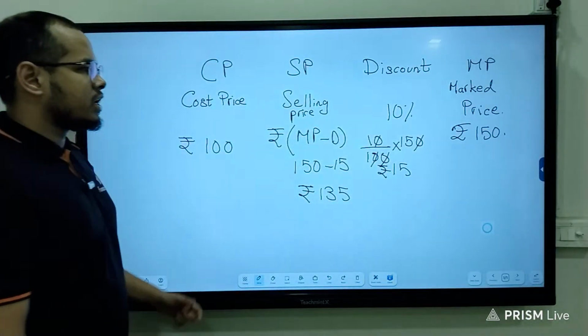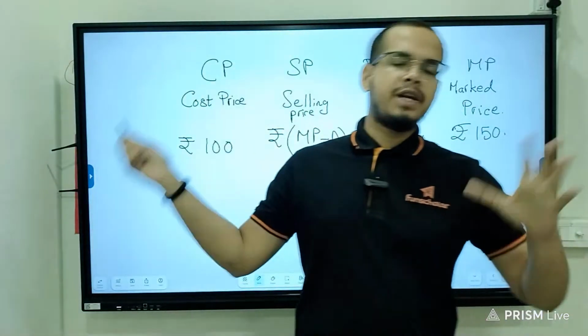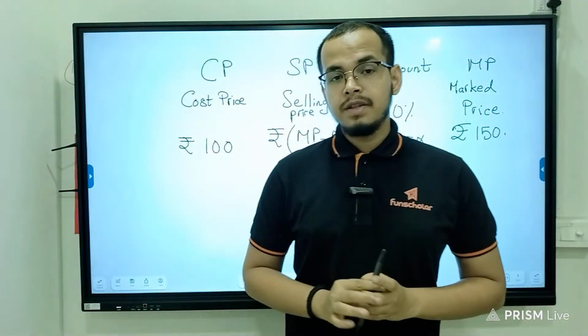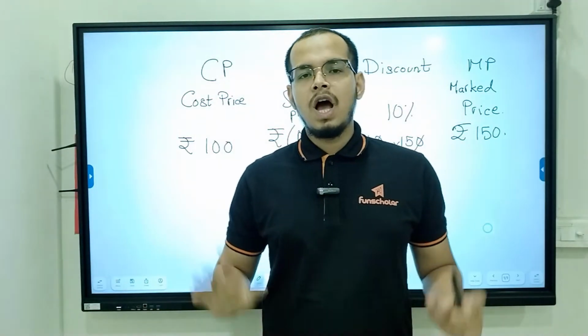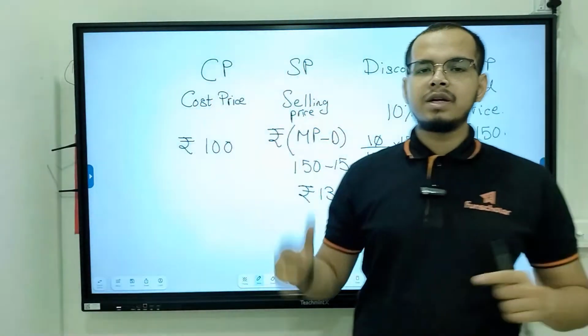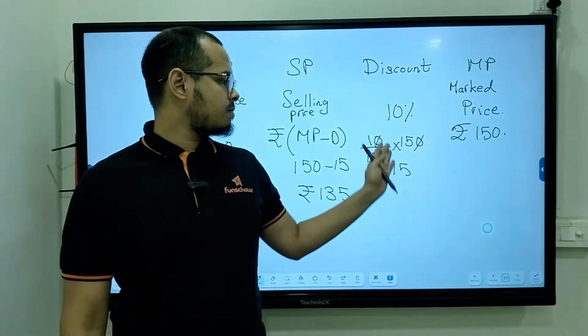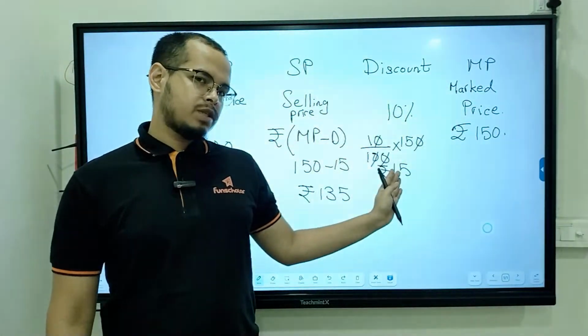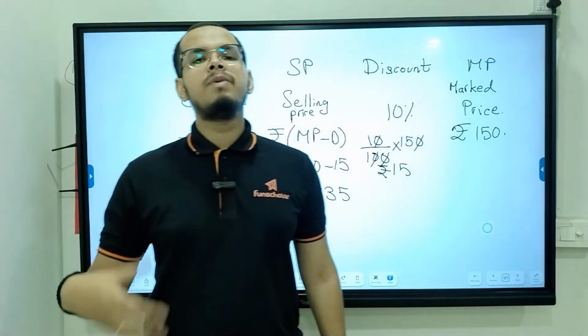See, this kind of sums, one more thing is there. Now see, this is the entirety of the concept of profit, loss, discount, everything. I bought a thing for 100 rupees, I marked it up to 150. Then I gave a 10% discount, 15 rupees discount, and then I'm selling it for 135 finally. Okay, so what is my profit?